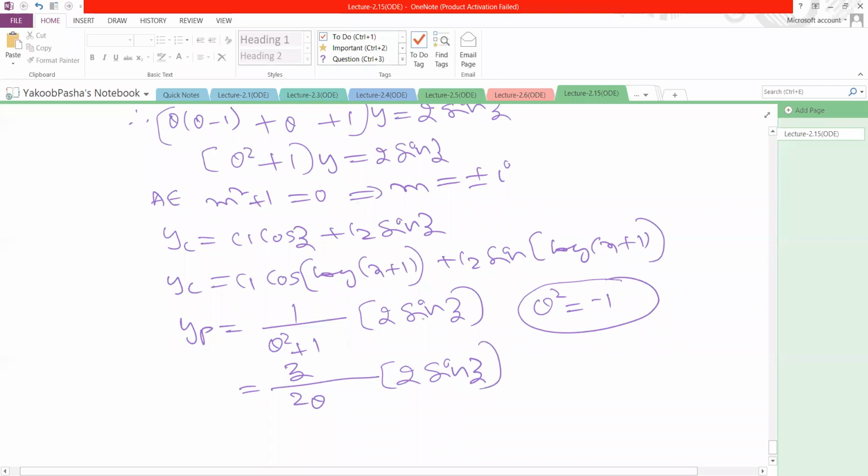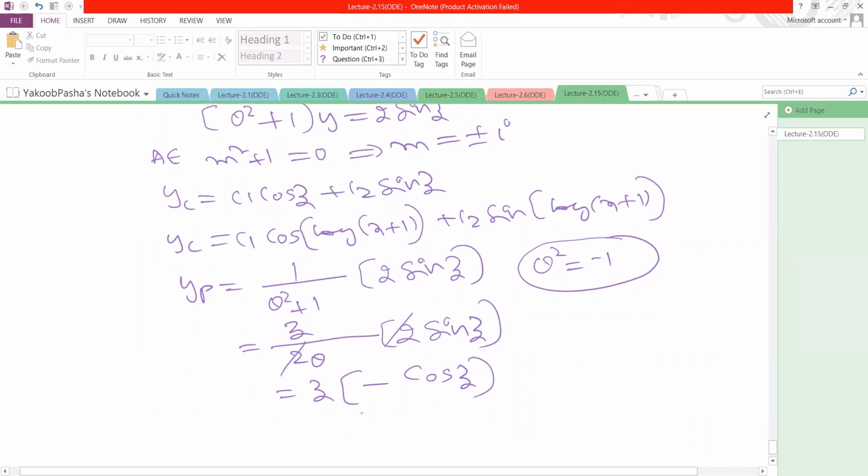Here, when we differentiate, we have no work with sin z, we are not using it. Just cancel the 2. z into 1 by theta means integration of sin z with respect to z, that is minus cos z. So this is equal to minus z, meaning log (x plus 1), into cos z, that is cos log (x plus 1).